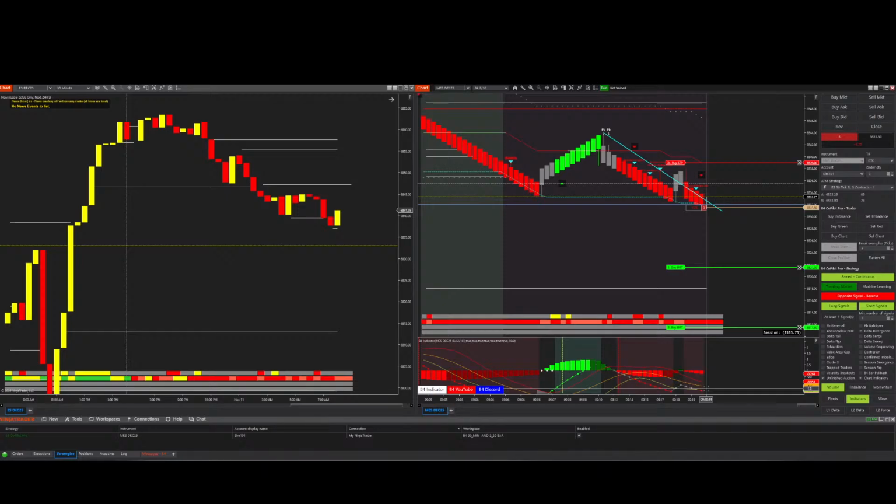It's a little tricky here because we're playing at the edge of that broadening formation. Let me go ahead and adjust that line as well. Drawing. Is it? No, it's 3 contracts. Oh, let's see.